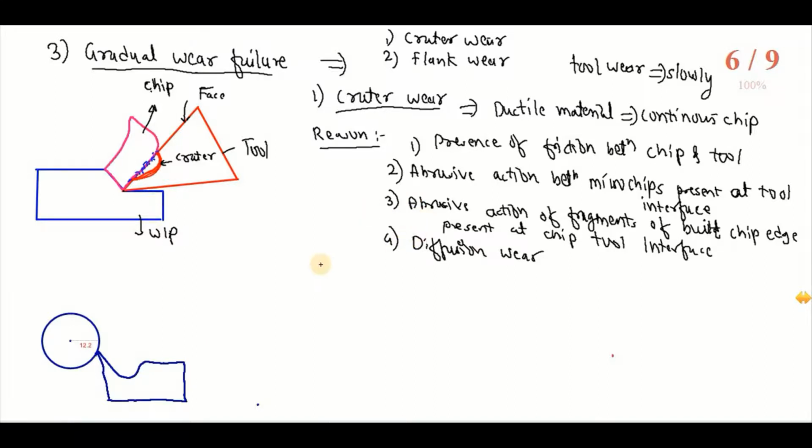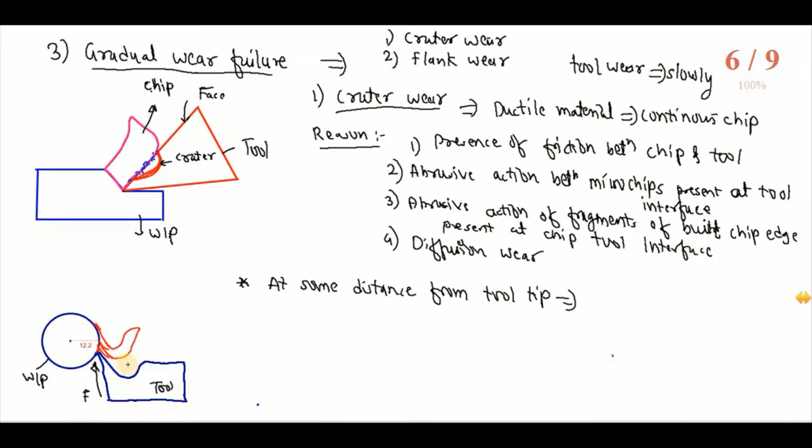And this crater wear we get at some distance from the tool tip. Why? Now you can see this is the workpiece and this is the tool applying force in this direction, and due to the application of force, the chips are forming and flowing over the rake face.